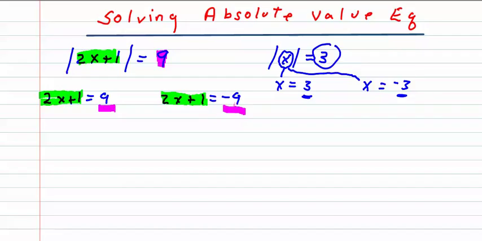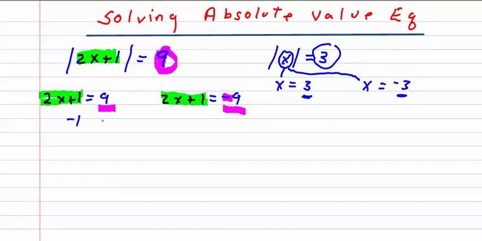Every single absolute value equation will be solved the same way. The stuff inside set equal to this number. The stuff inside set equal to the opposite of that number. Every single time. And then we solve.